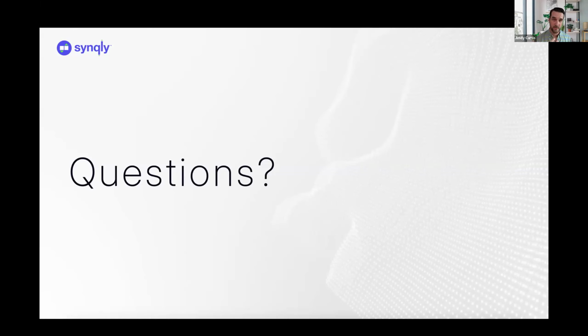Part of the Synqly product is that we have a normalized query language that works across different products. You saw a little bit of it where I was querying for vulnerability findings where the severity was equal to critical.